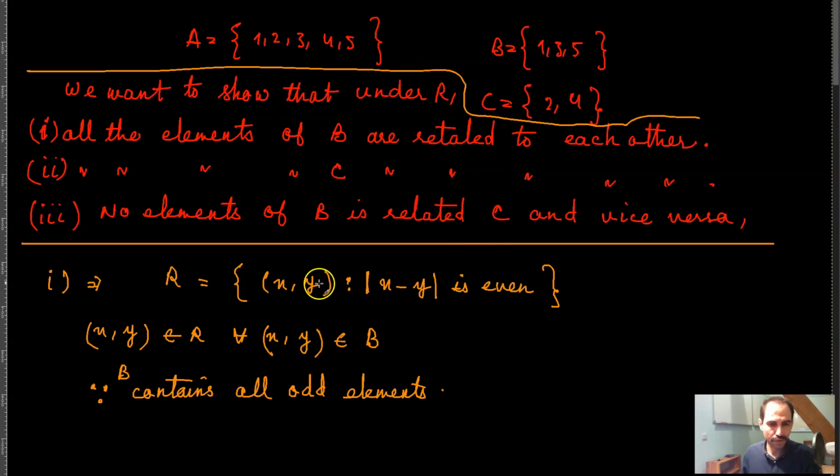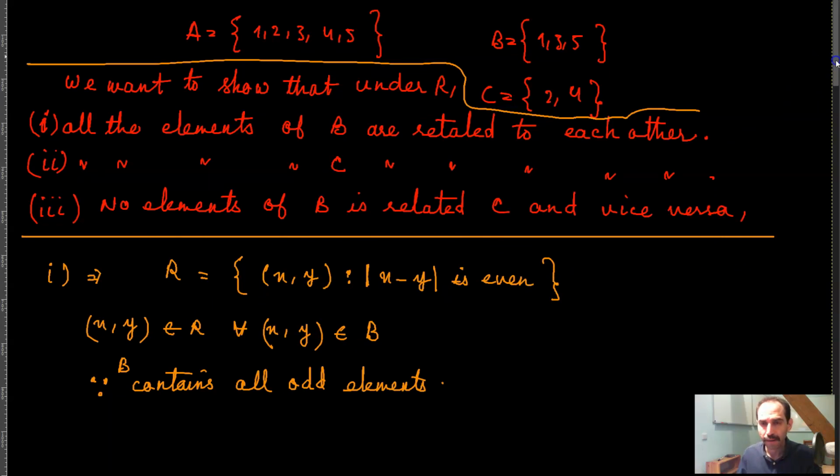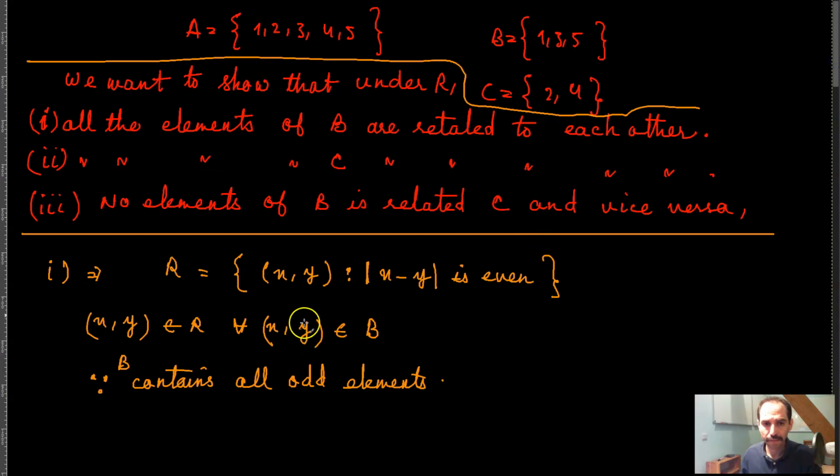So all the ordered pairs that you can create out of the elements of the set B are going to be in R, meaning that the Cartesian product of B and B is going to be a subset of R, right?